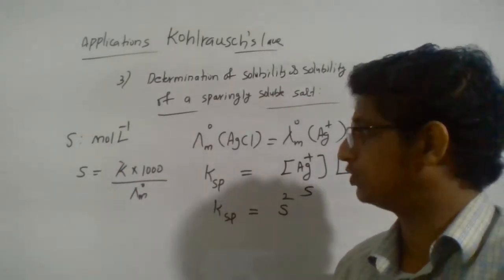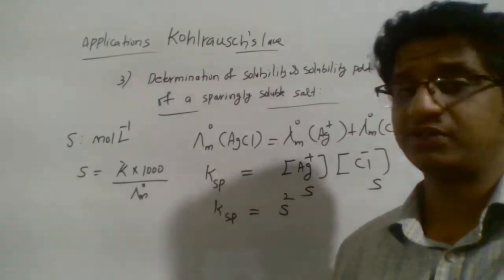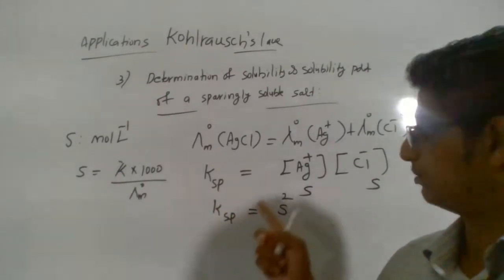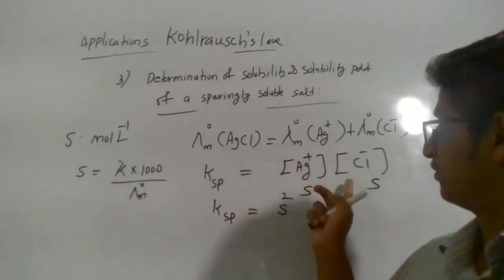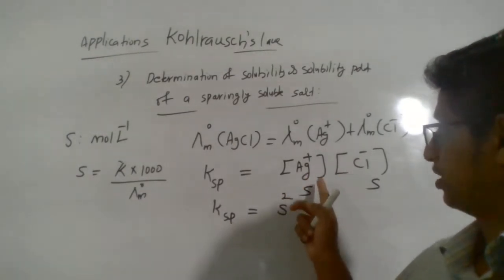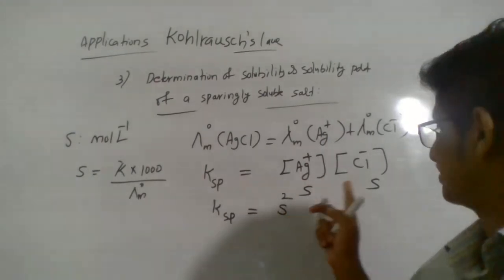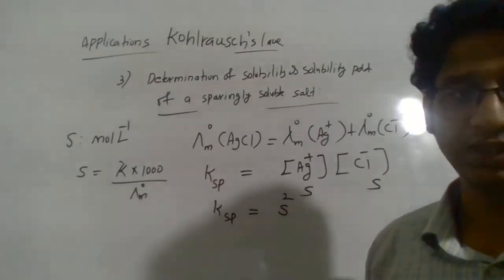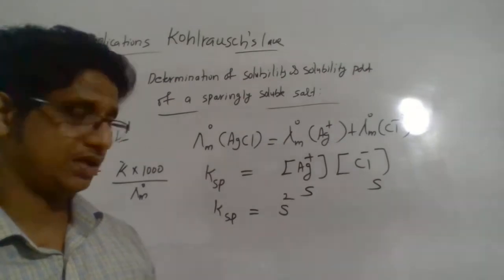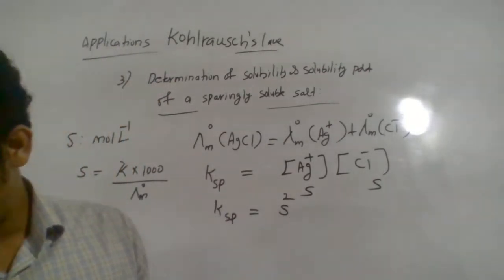If you have both, you can first find solubility. If you have solubility, then you have an equation for solubility product, which is nothing but the product of concentration of ions, here Ag plus ion into Cl minus ion. Express the concentration of Ag plus ion in terms of solubility, so it will be S into S, which is S square. So how can you find Ksp? The square of solubility will give you the solubility product.